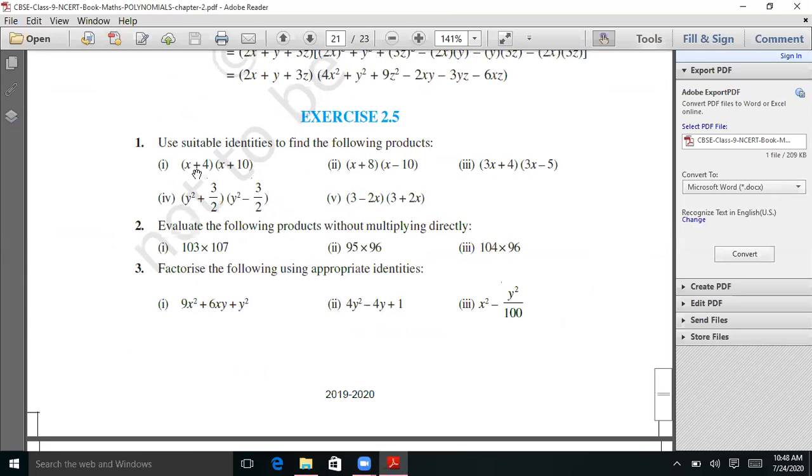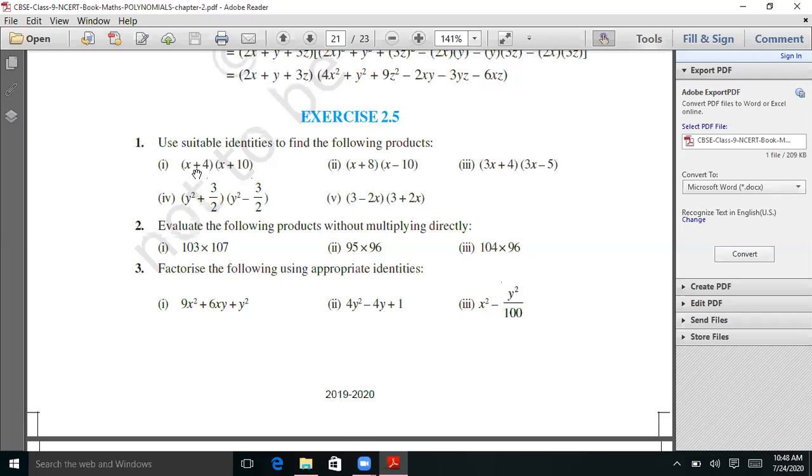First question is also same that we have done in the examples here. It's use suitable identities to find the following products: (x plus 4) into (x plus 10). So here we'll use which identity? Which identity we are going to use here? Fourth identity, yes. In second part, also fourth identity, not second. 8 and 10 are different here.